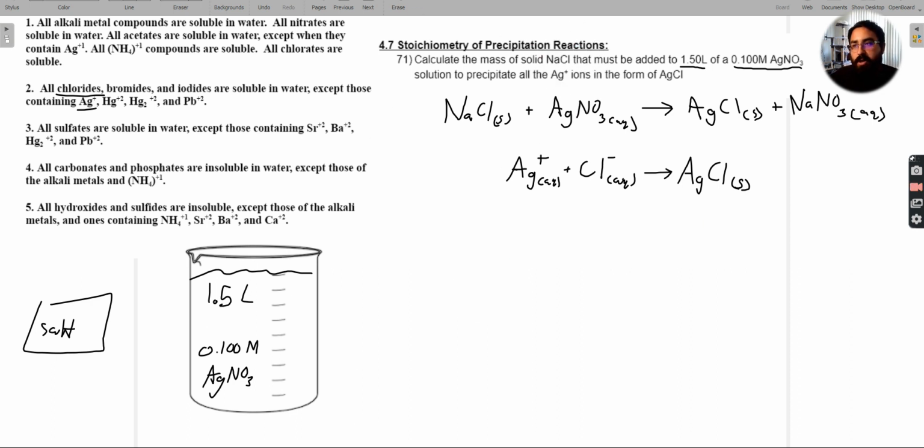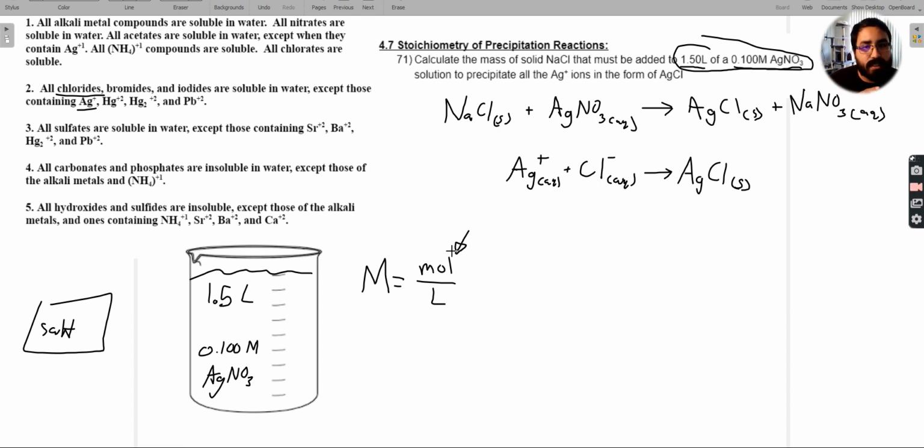Calculate the mass of solid NaCl that must be added. Now, I don't like that piece of information, the 1.5 liters of AgNO3. Remember what I said. If you have molarity, which is big M, equal to moles over liters, the important thing is the moles.